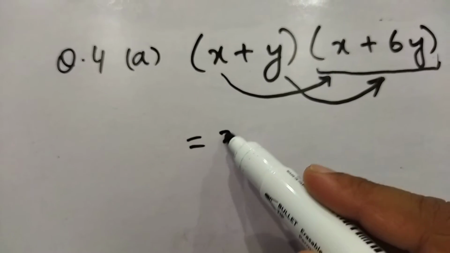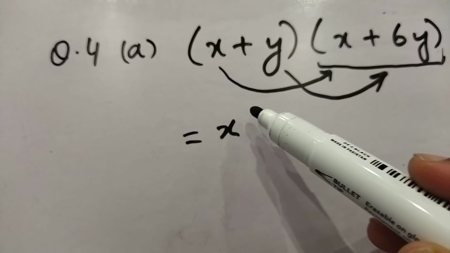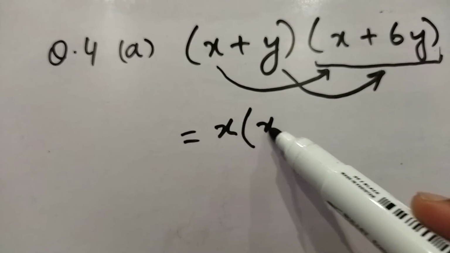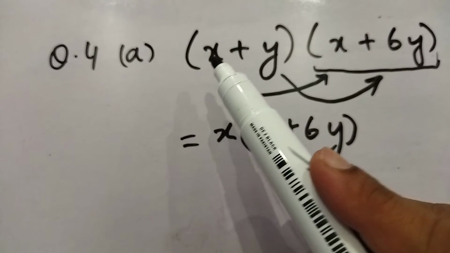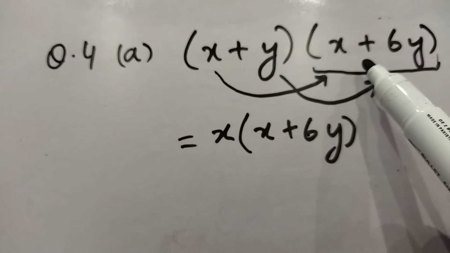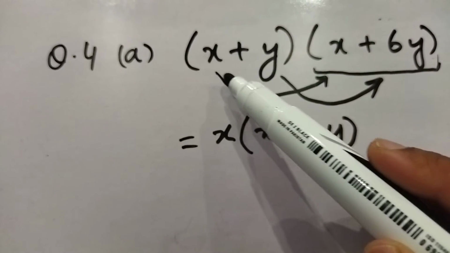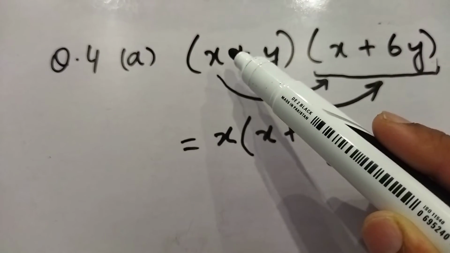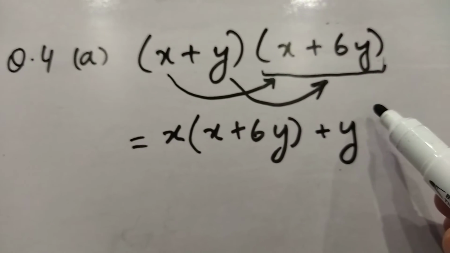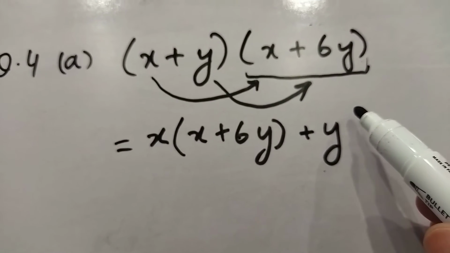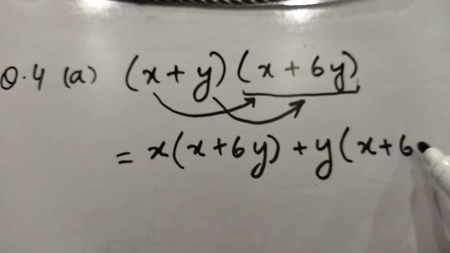So, we are going to expand this like this. We are going to write x from the first bracket, then we are going to multiply it completely with the second bracket, that is x plus 6y. You see, I'm multiplying this x with x plus 6y. And secondly, now I'm going to write the second term from the first bracket, that is plus y. And again, I'm going to multiply this plus y with the second bracket, that is x plus 6y.